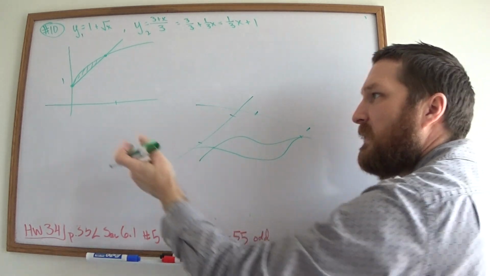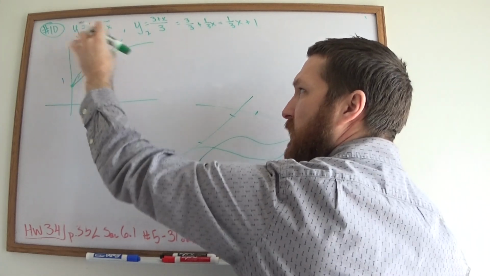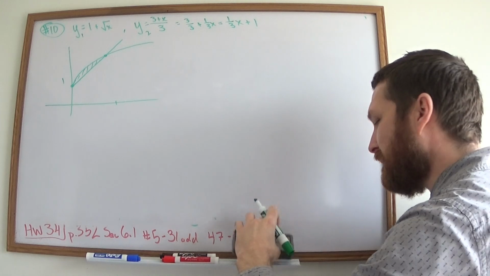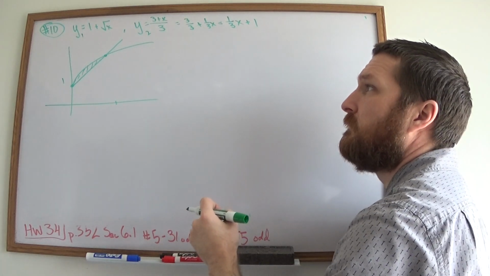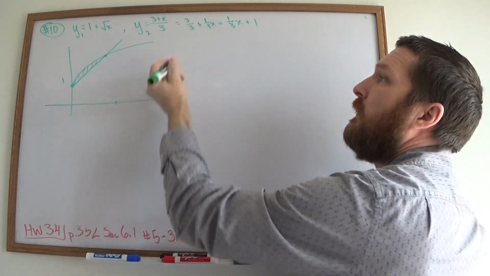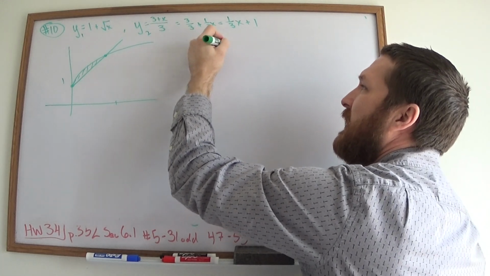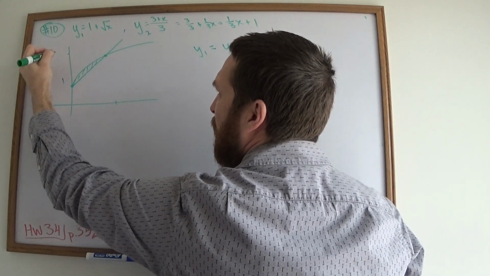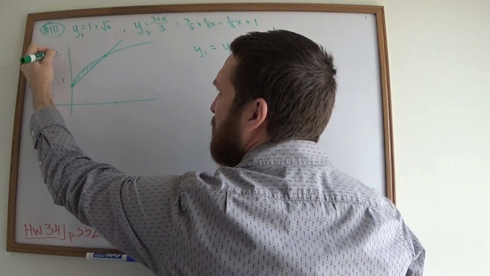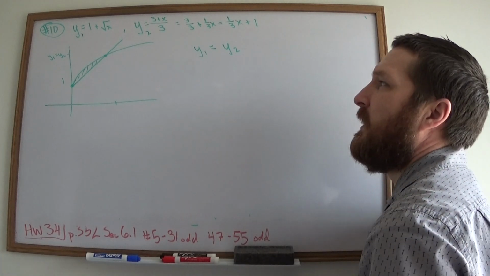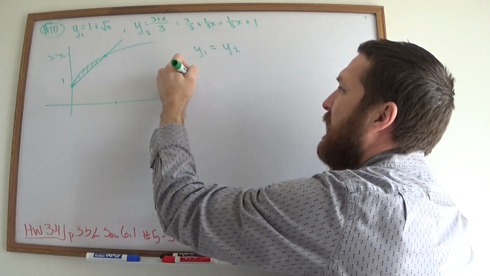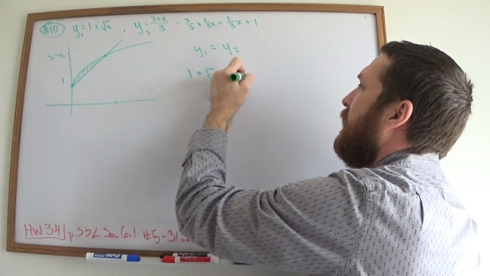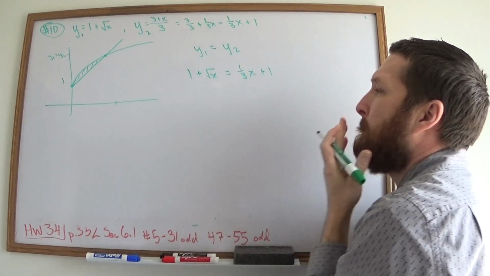We need to find these points where they meet. So how do we find where y1 and y2 meet? Just substitution: we're saying where is it the case that y2 equals y1. At this point, y1 is equal to y2, and so we have 1 plus root x equal to 1/3 x plus 1.